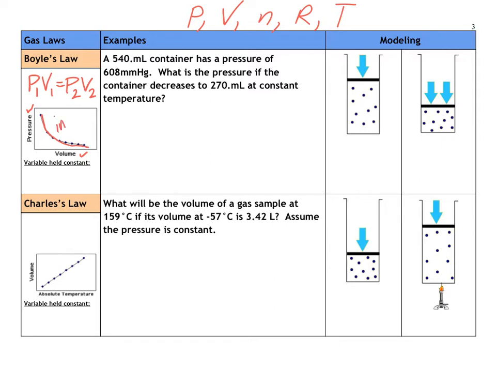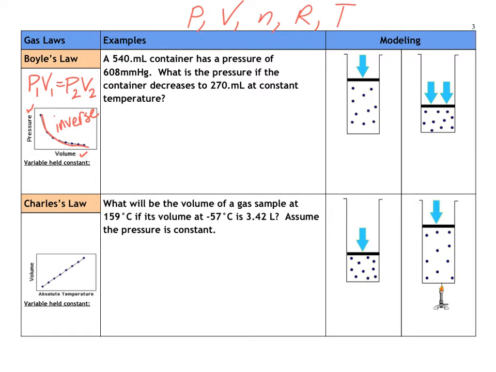So imagine yourself squeezing an empty bottle. Now, it's not really empty, it's got air in it. So as you decrease the volume of that bottle, you'll notice that the pressure feels harder and harder to push on that bottle. So the pressure is increasing.